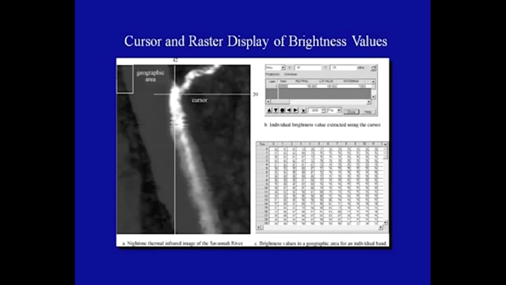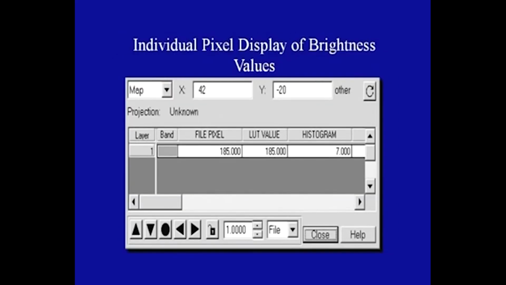This particular slide shows that a cursor has been placed at a particular location in the image, and corresponding to this, the next window shows the location of the pixel. At the top, x is equal to 42, which means this is the column number we are looking at, and y, where the value is minus 20, tells us this is the row number.